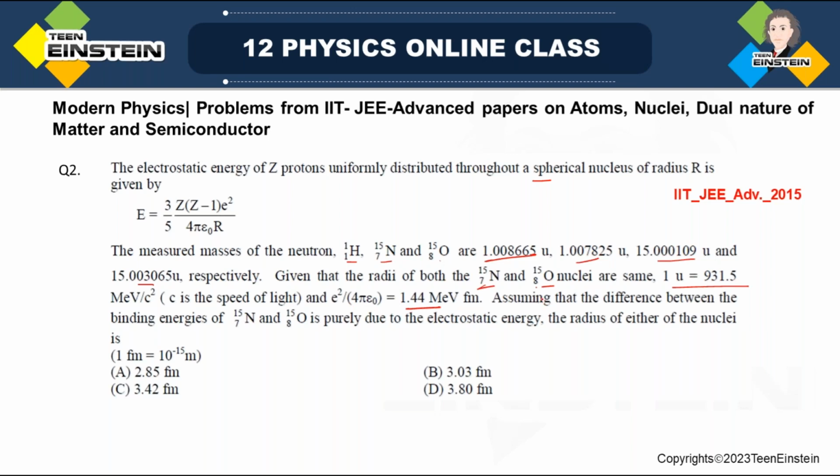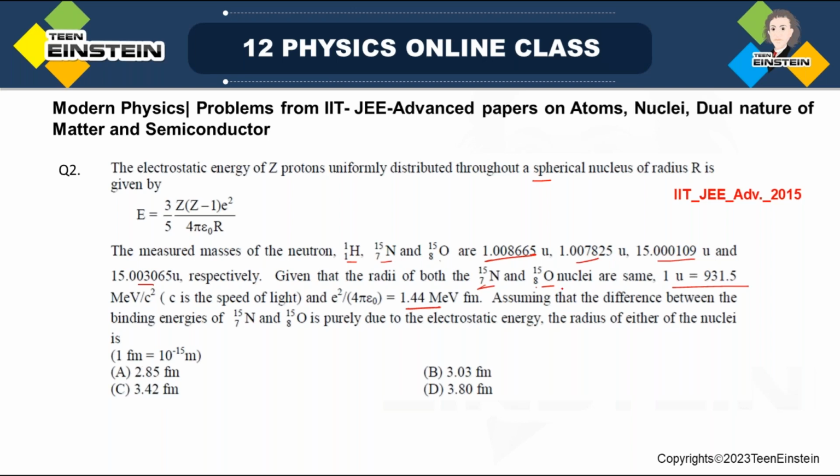Assuming that the difference between binding energies of this and this are purely due to electrostatic energy, the radius of either of the nuclei is how much, we have to find out, like which option is correct.